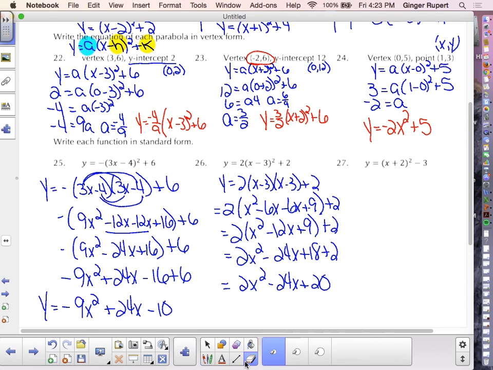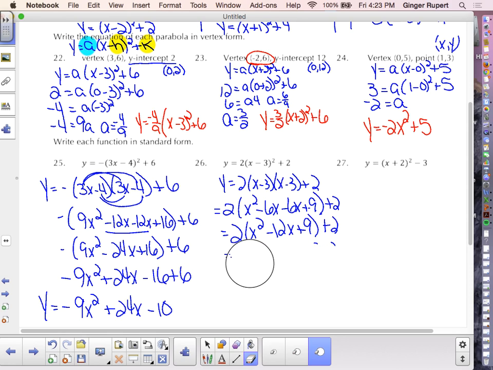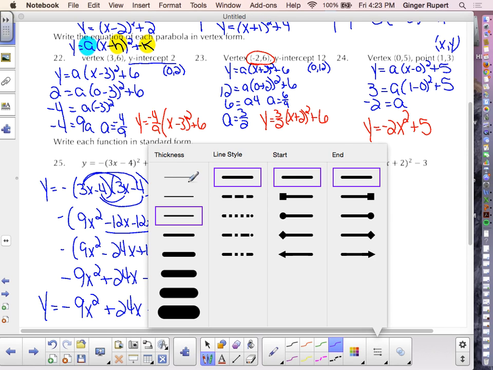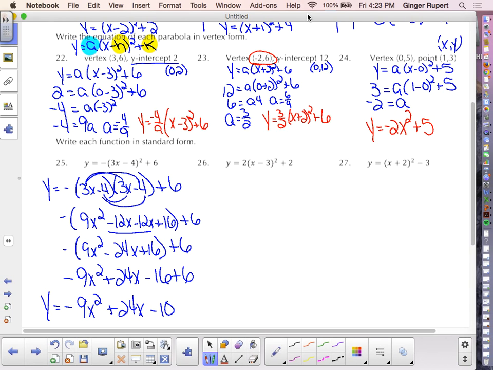No, that's not right. I'm sorry. I think I'm getting tired, but I'm going to finish these last couple, and then I'll do the rest tomorrow. Let's go back and do that one again, because I made it 6x, and it should have just been 3x. So y is equal to 2 times (x minus 3) times (x minus 3) plus 2. So 2 times (x squared minus 3x minus 3x plus 9) plus 2.